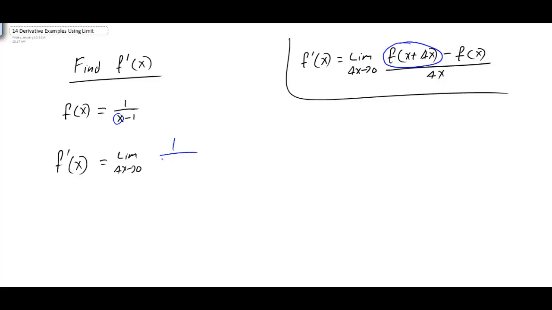So 1 over x plus delta x minus 1, and then we're going to subtract away the function 1 over x minus 1. And keep in mind this is all divided by our delta x.